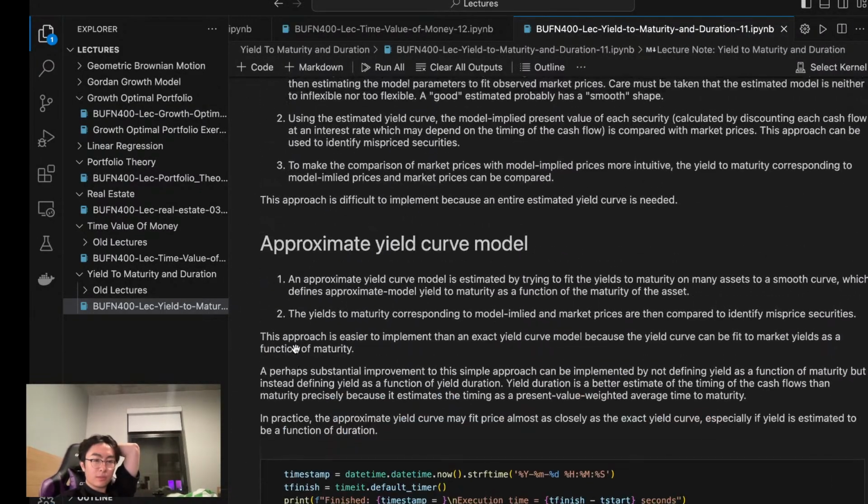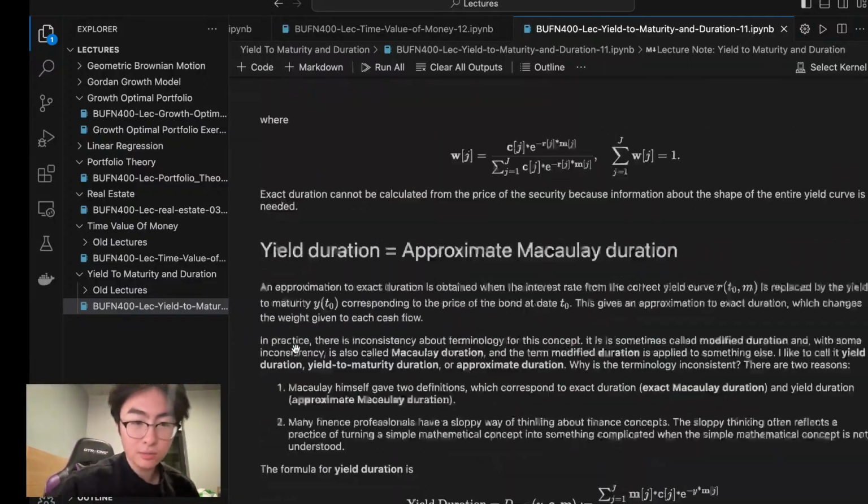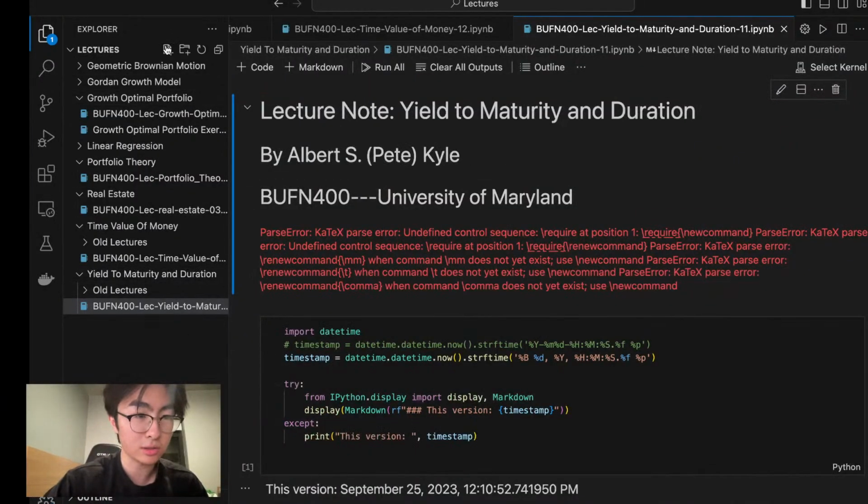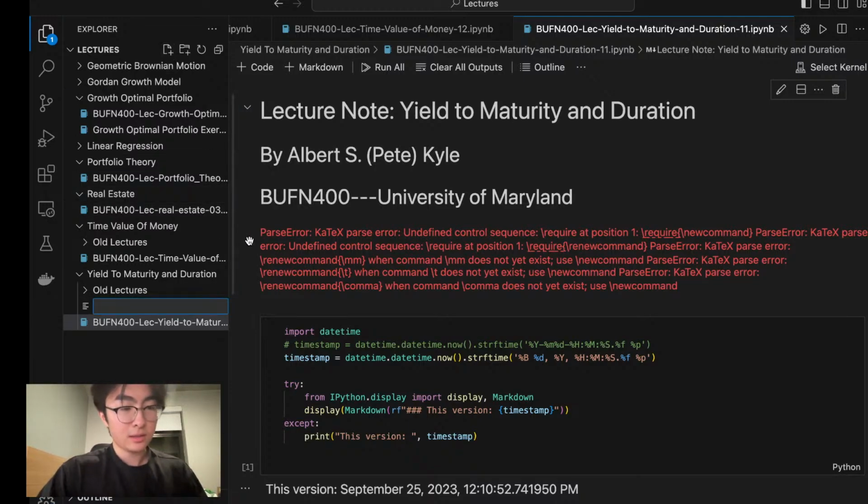Exact yield curve. Approximate yield curve model. Okay, this is crazy, but let's do it. My brain is fried right now, so I'm just going to work on copy and pasting everything. Maturity and duration. Exercises dot IPYNB.